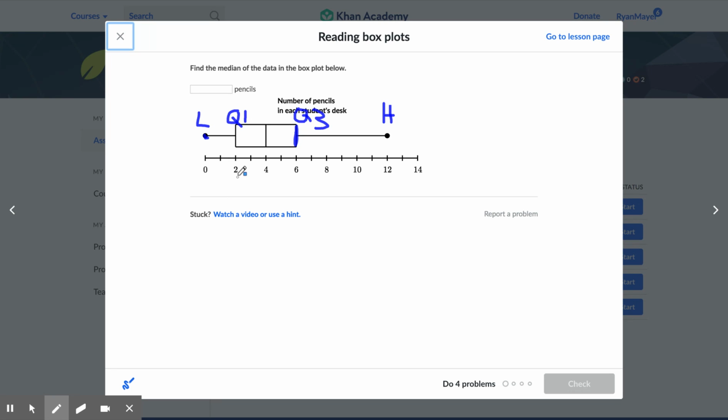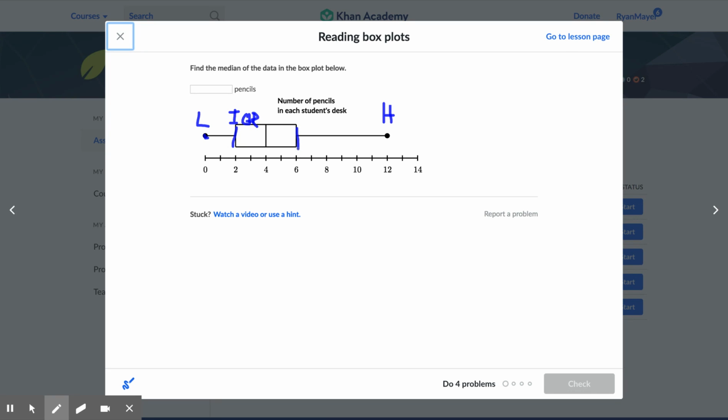Just because we might not be using those terms all the time, you're going to be calling them your interquartile range. So you could call them your IQR, the interquartile ranges. That's the beginning line, this line right here, and that would be this line right here. Those are both interquartile ranges.